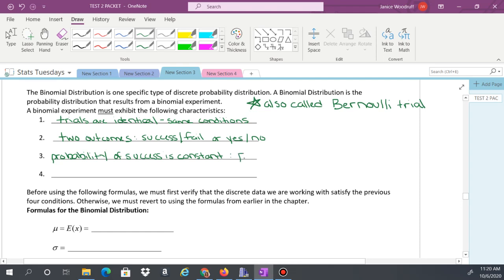So we say here mathematically P plus Q equals 1. And just to go along with this, P would be the success and Q the failure. And then the fourth one is that the trials are independent.